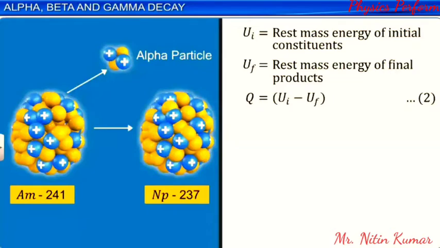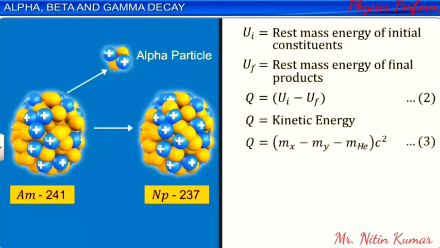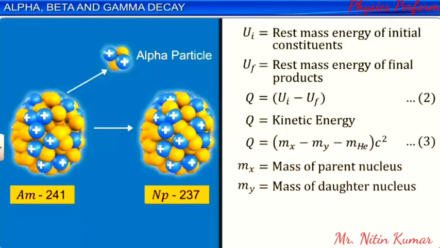Thus, the Q value of an alpha decay can be expressed as Q = (mx - my - mHe)c². Here, mx is the mass of parent nucleus, my is the mass of daughter nucleus, mHe is the mass of a helium nucleus, and c is the velocity of light. Let this be equation 3.